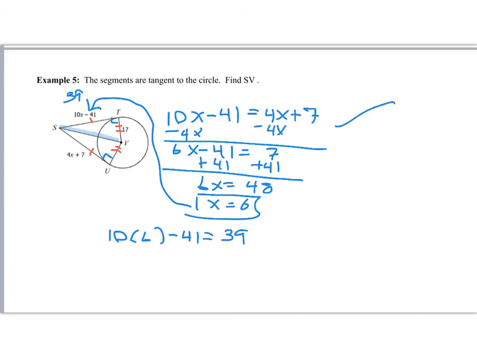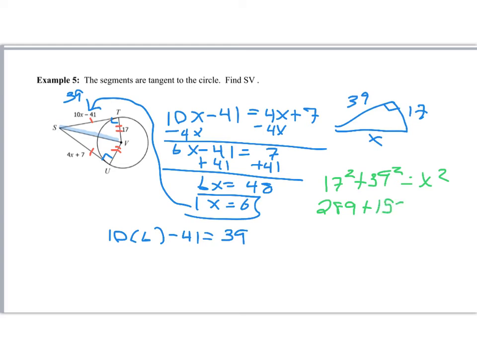So I have this triangle now. This is 17, this is 39. I want to know what that is. So I'm going to use Pythagorean theorem. So I'm going to go 17 squared plus 39 squared equals x squared. And 17 squared is 289 plus 39 squared, which is 1,521, equals x squared.